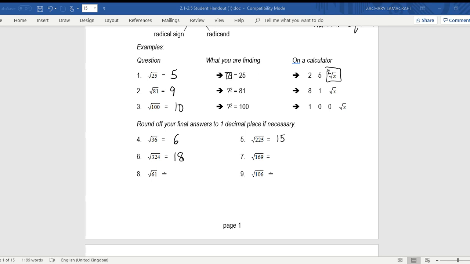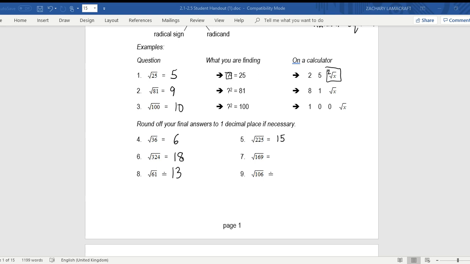How about the square root of 169, if you could write that in the chat? That is correct. And then finally, the last one, square root of 106. If someone wants to write that in the chat.